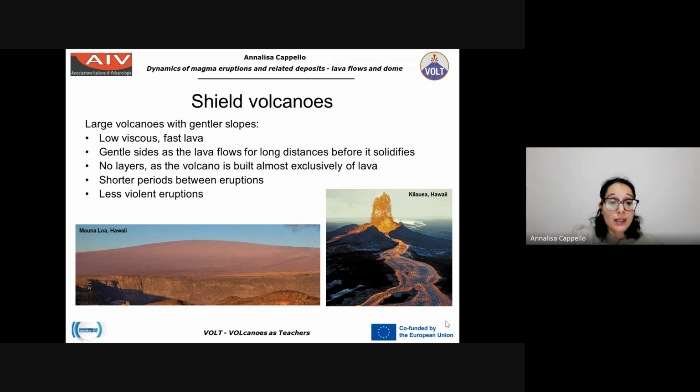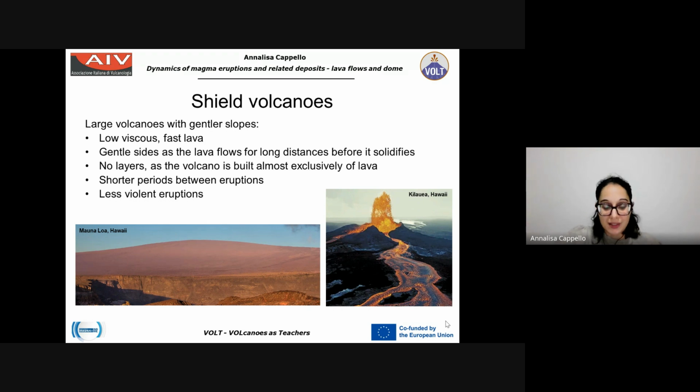Then shield volcanoes. These are large volcanoes with gentle slopes, as you can see from the photo. They are the largest volcanoes on Earth, but they don't have the typical conical peaks of volcanoes, which we usually call the mountain.